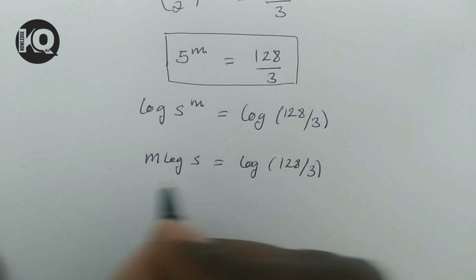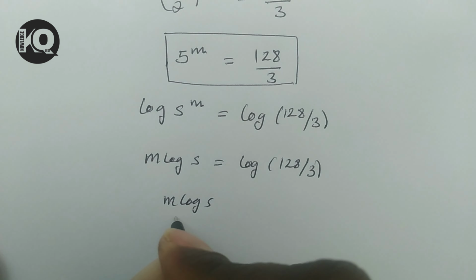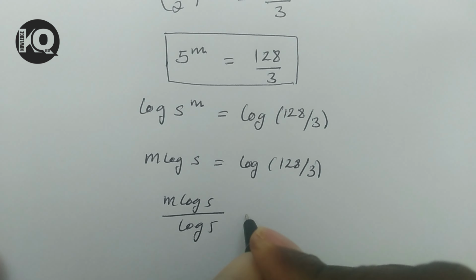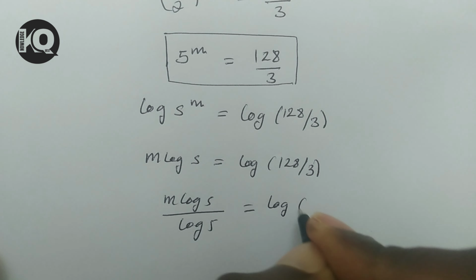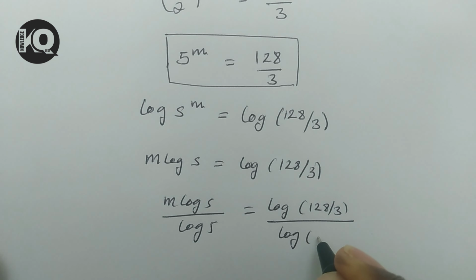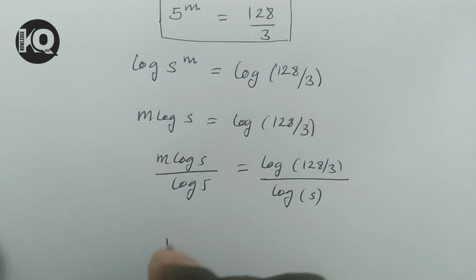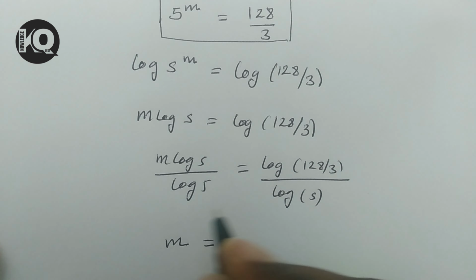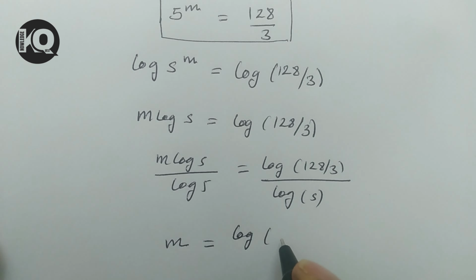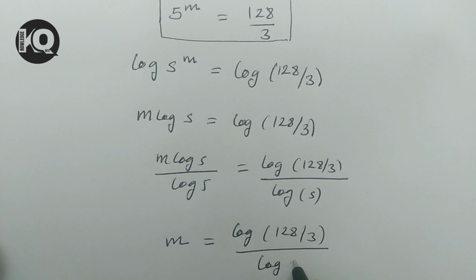Now let's divide both sides by log 5. So m log 5 divided by log 5 is equal to log of 128 divided by 3, divided by log of 5. So this m will be log of 128 divided by 3 over log of 5.